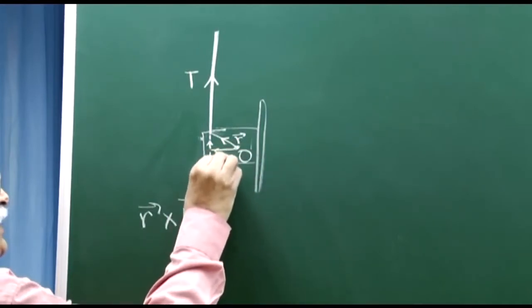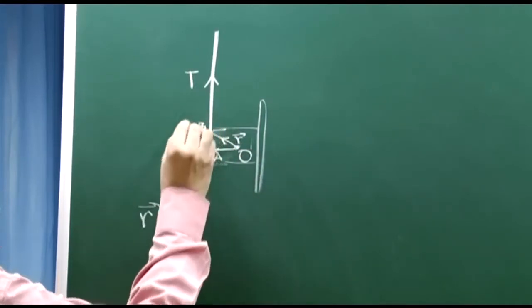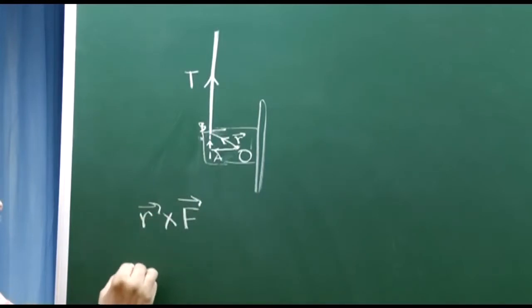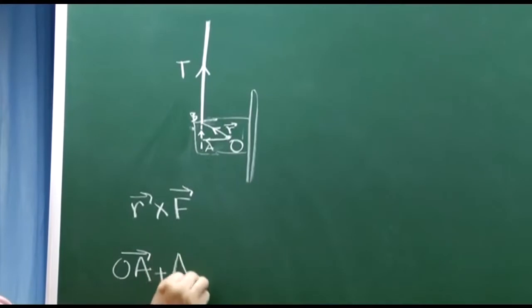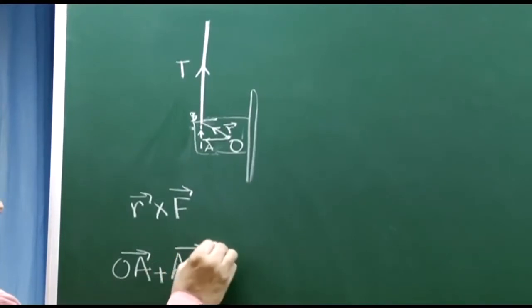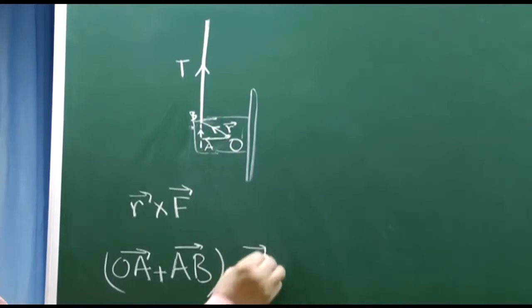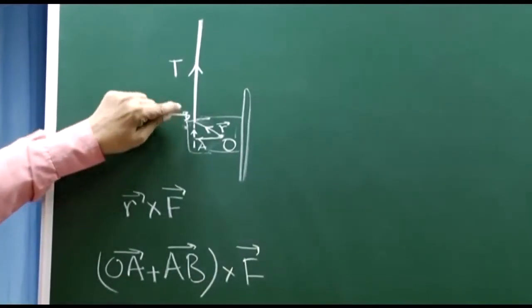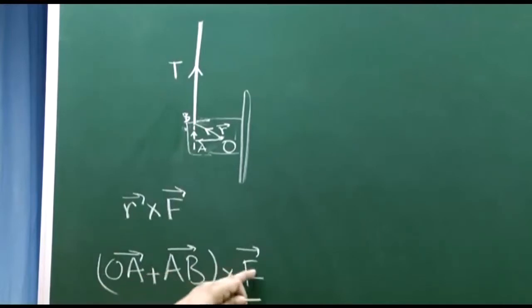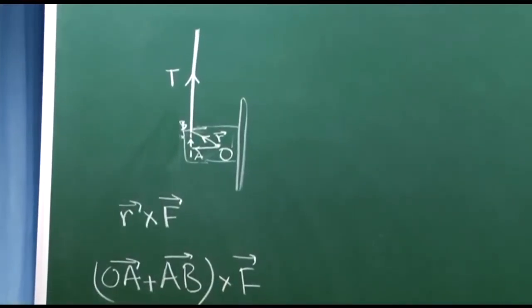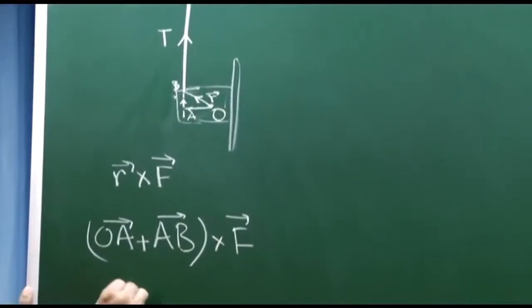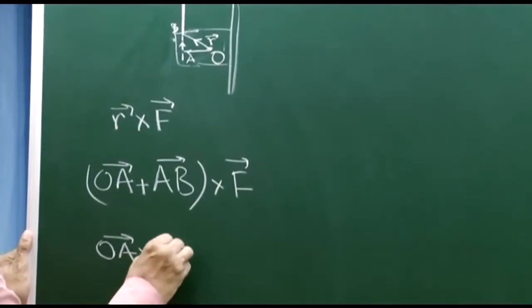Let me call this point A and this point B. We had done it earlier. So, this is OA plus AB, and cross product with force, which is the tension here. This AB cross this tension will be 0. So, it is essentially OA cross F.